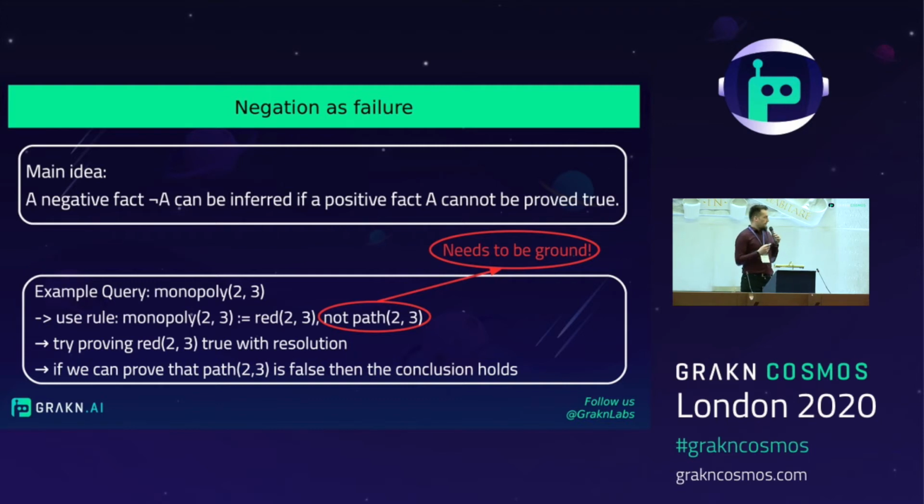A typical starting point for defining the meaning of negation is the so-called negation as failure. The basic idea is very simple: we can infer a negative fact only if we can prove its corresponding positive fact to be false. Say we go back to our previous example of a monopoly, and we want to know whether there's a monopoly between 2 and 3.